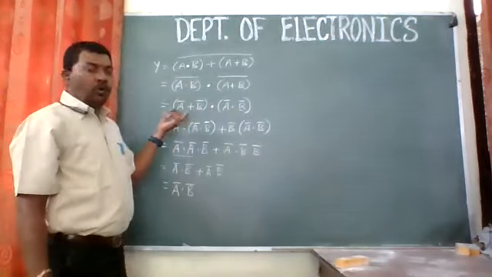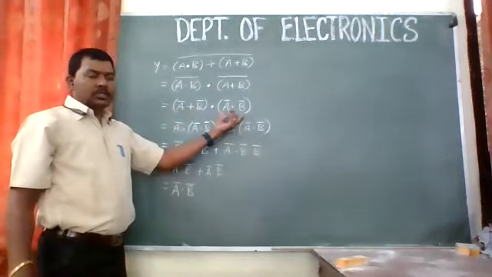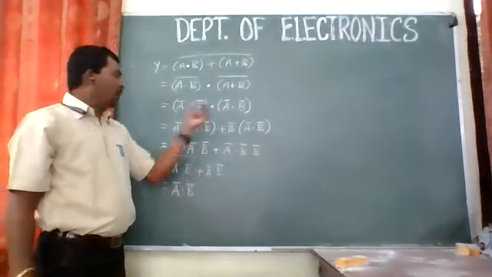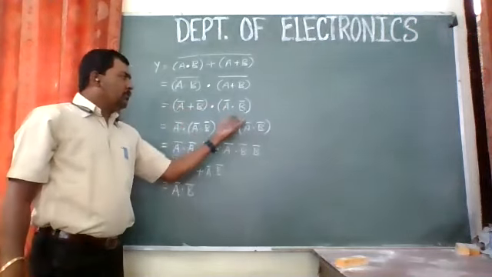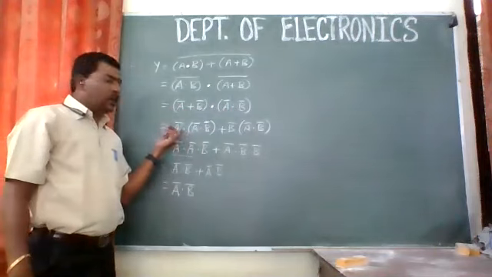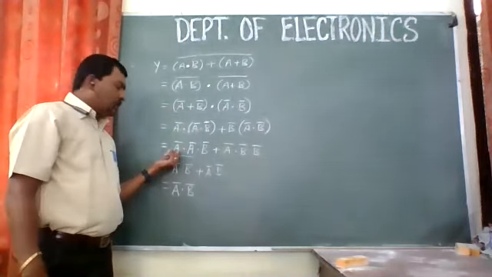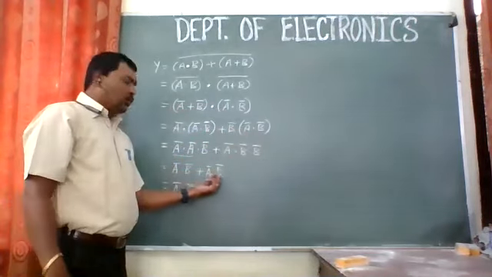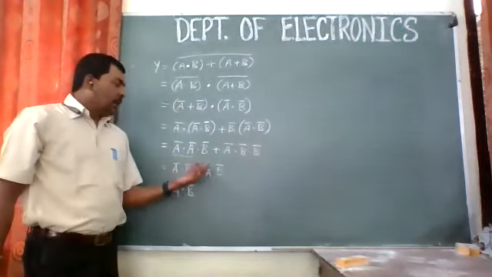Then by opening this bracket and multiplying with this bracket, we get the term A complement multiplied with this bracket plus B complement multiplied by this bracket. Again, for the same terms, A complement dot A complement will give you A complement, B complement dot B complement will give you B complement only.